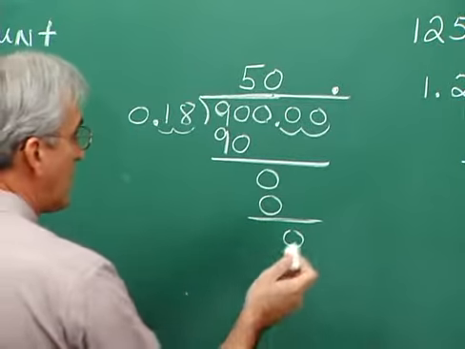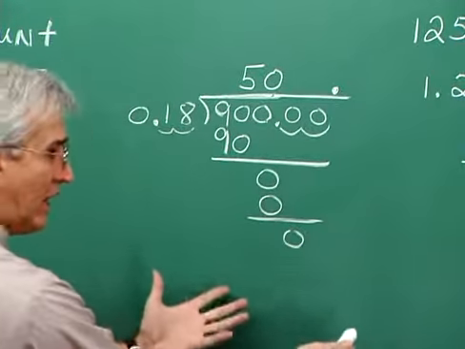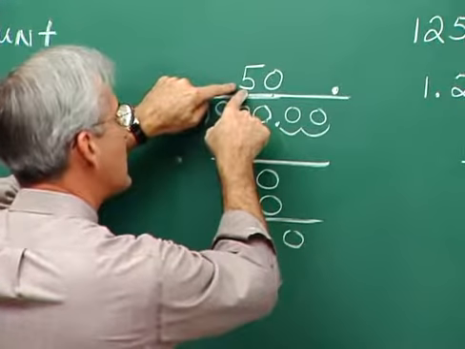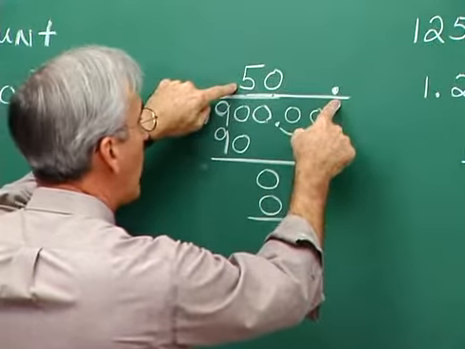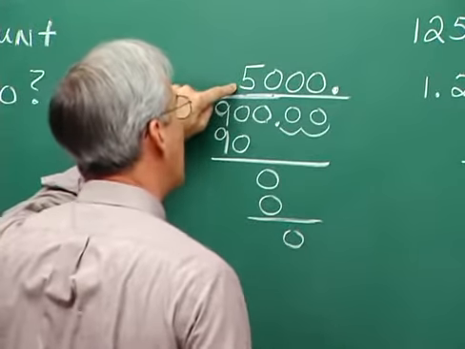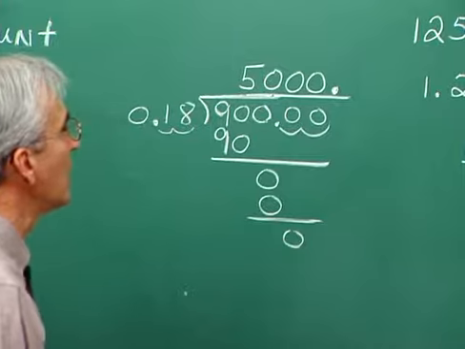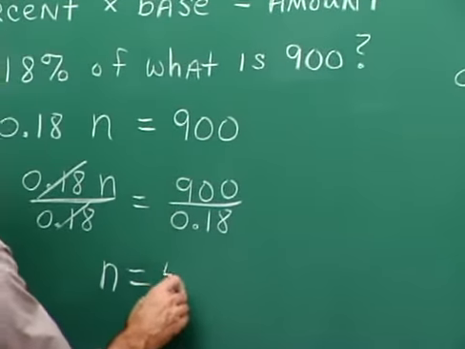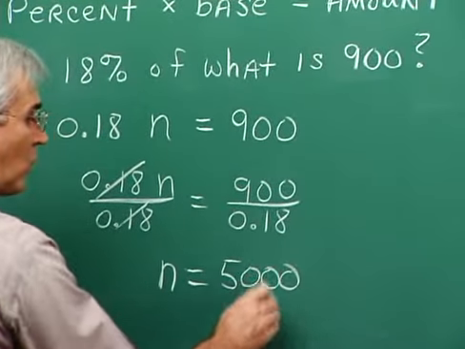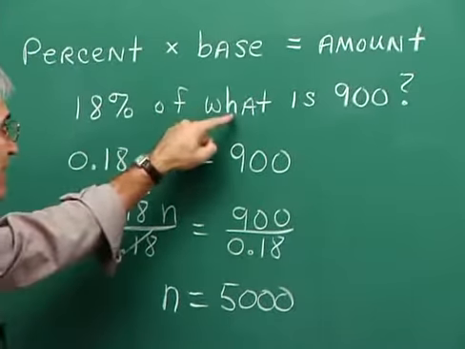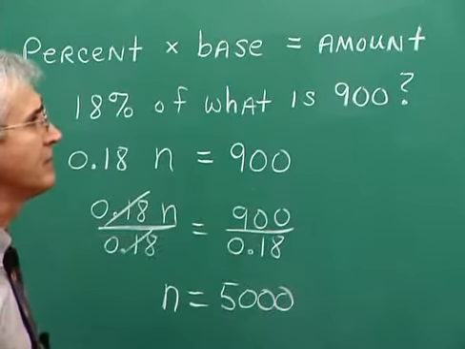Or we can say, well, we know that we're going to get zeros down here, and all we have to do is fill the positions between this digit 5 and the decimal point. If we have things lined up well, we know that we need to fill those positions with 3 zeros. Okay, so 5,000 turns out to be the quotient, and n then is 5,000, and we are answering the question posed, where we're saying then that 18% of 5,000 is 900.